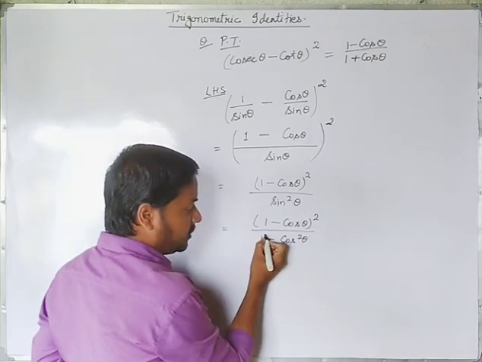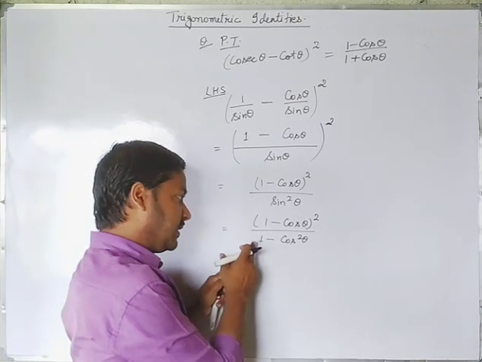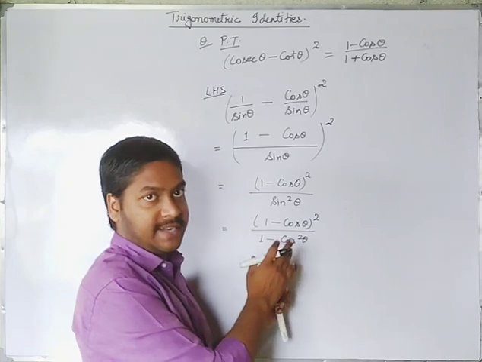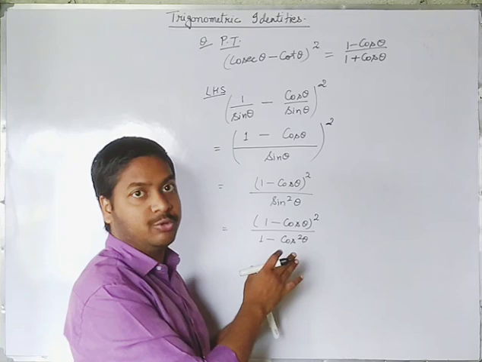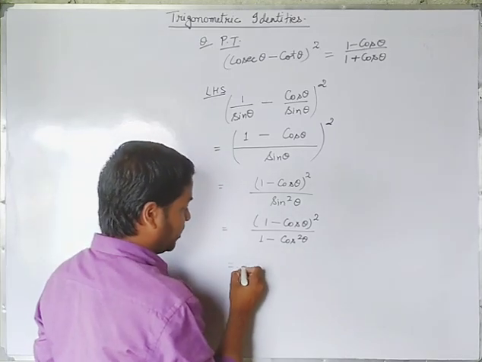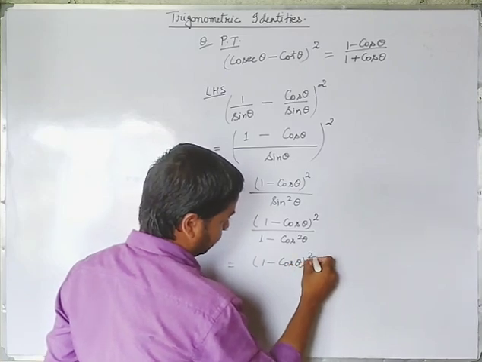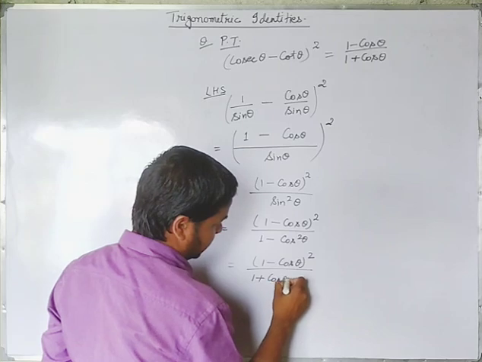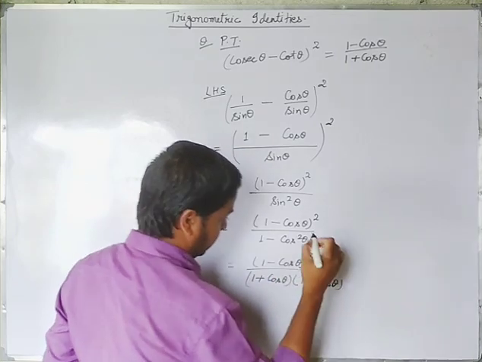Keep in mind 1 square minus cos square, which is a square minus b square, and we can break it using the formula. It becomes 1 minus cos theta whole square by (a plus b) into (a minus b).